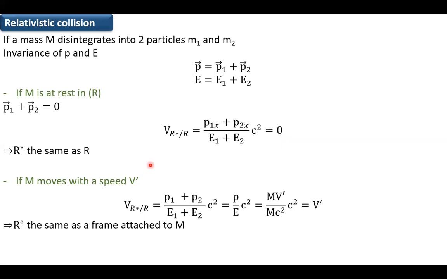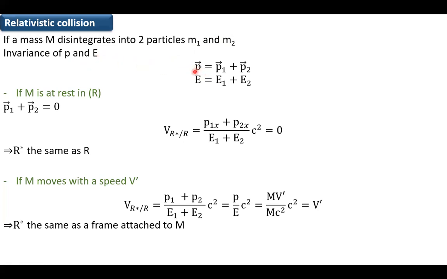Okay, so let's take an example. I will consider a particular example, which is a disintegration of a radioactive particle. If you have a mass big M that disintegrates into two particles, M1 and M2, of course, you know that the total 3D momentum P is invariant, and the total energy E, or the sum of energies in this isolated system, is conserved.